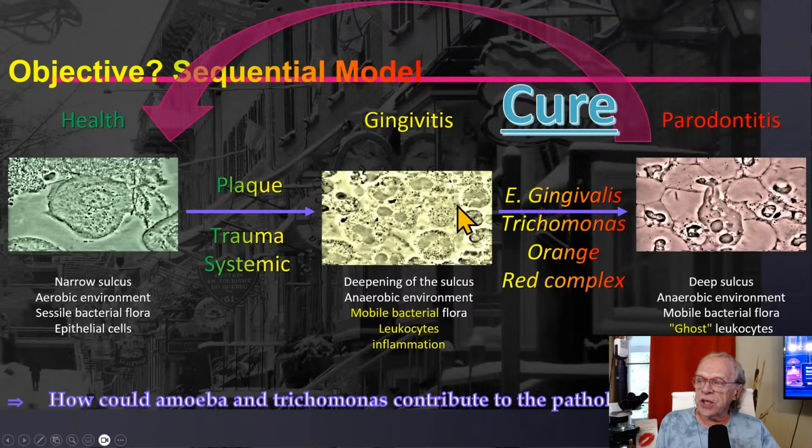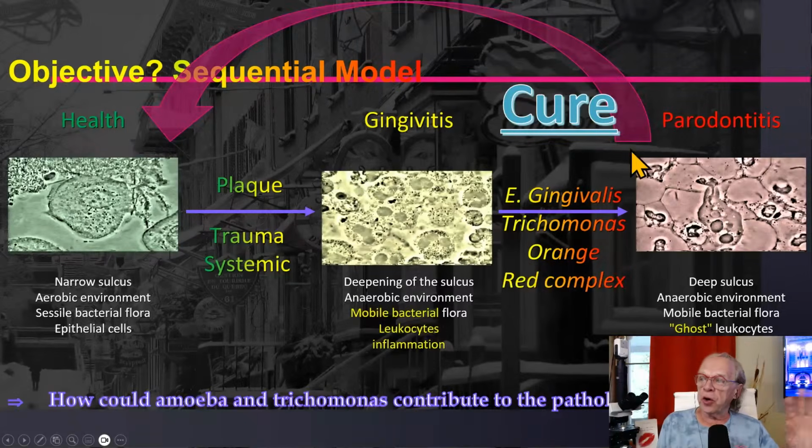So from the gingivitis, you have those parasites and the red complex bacteria, and then those parasites eating the nucleus of the white cell neutrophil. So there you are having periodontal disease with bone loss.